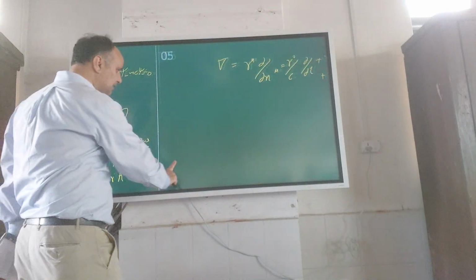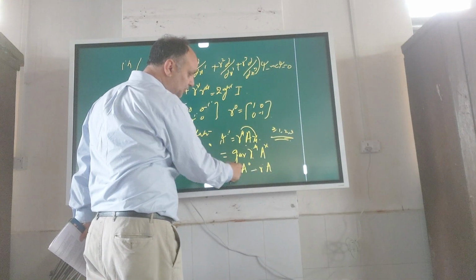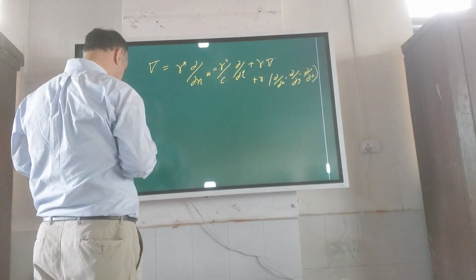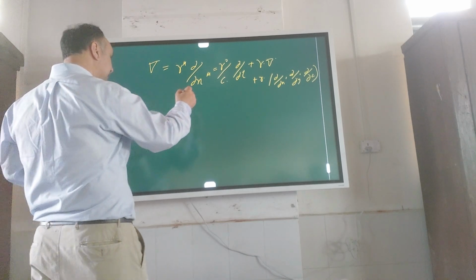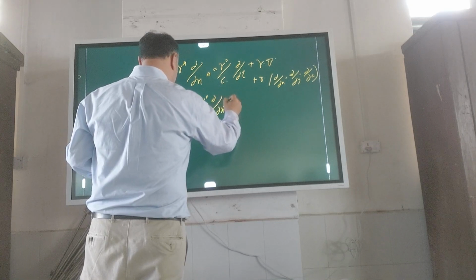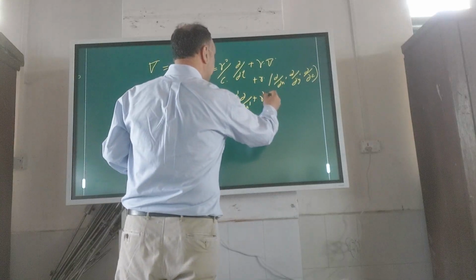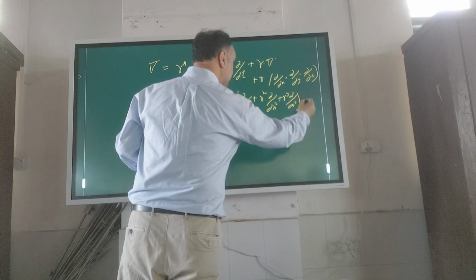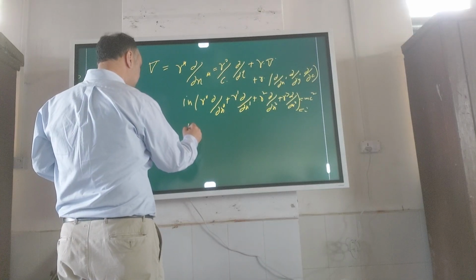It's like you have written it like this. And we know that the Dirac equation in terms of gamma can be written like this.